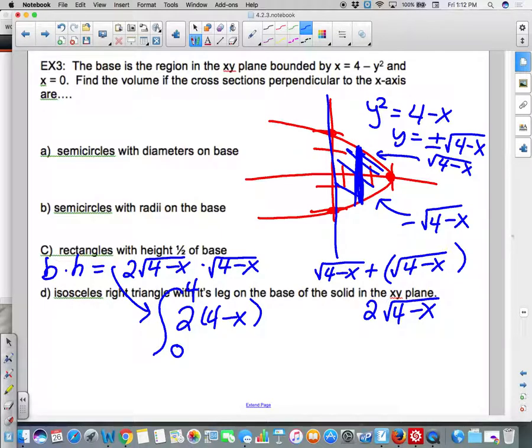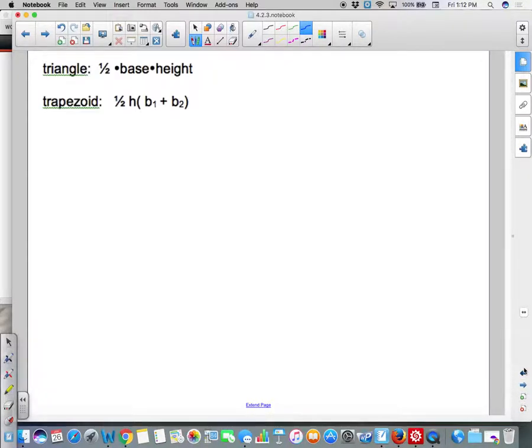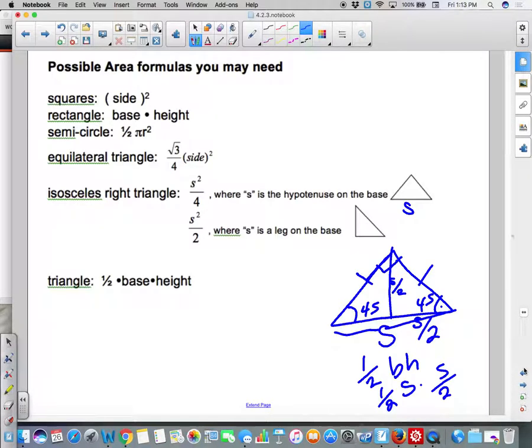Okay. Let's do an isosceles right triangle, with its leg on the base of the solid in the xy plane. So this is the leg of a triangle, right? So the area of an isosceles right triangle with its leg on the side, let me go back to my formulas, is s squared over 2.